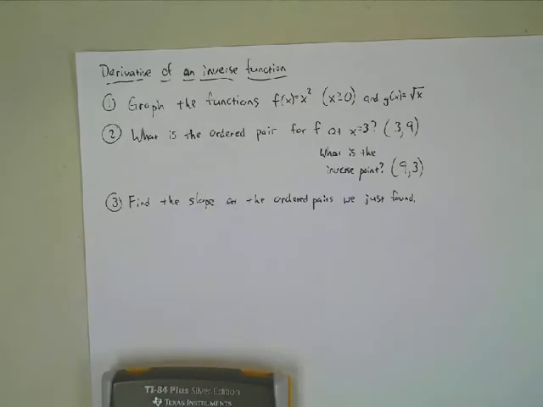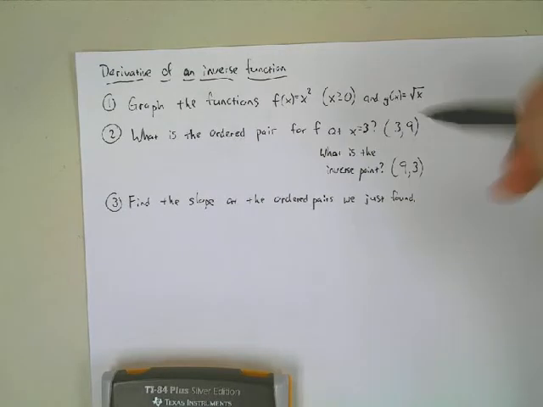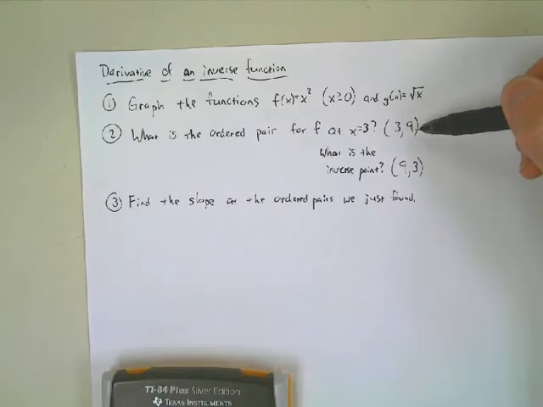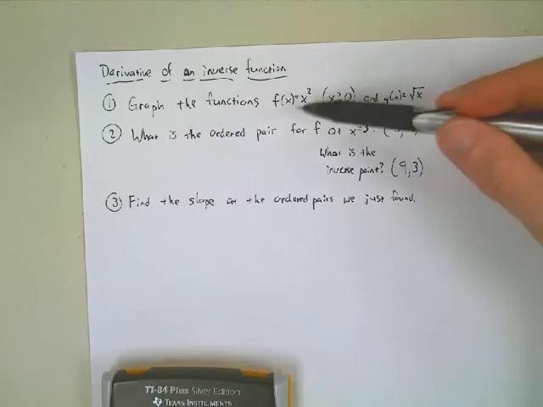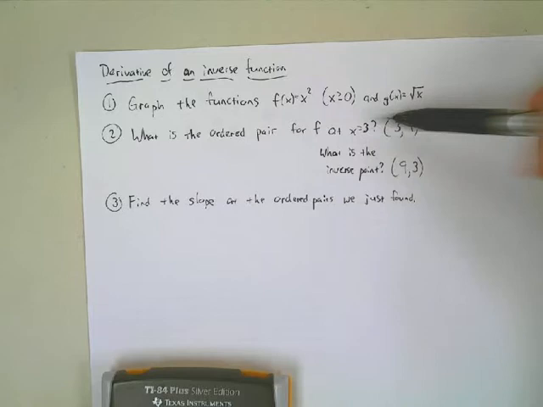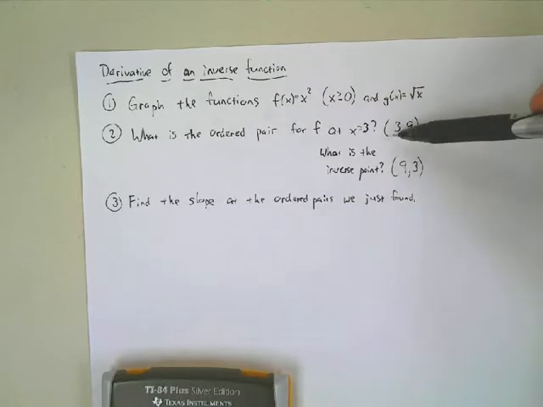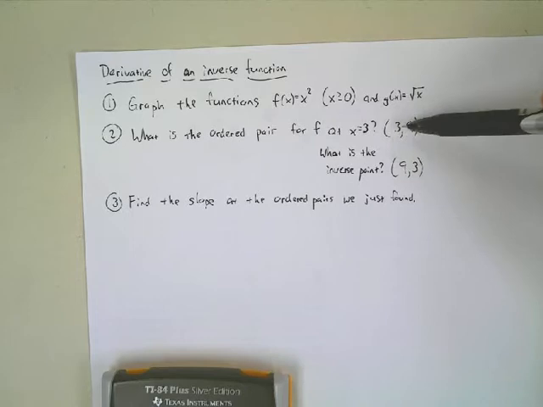In calculus, right? We use the derivative. So if I'm going to find the slope at 3, 9, which function am I taking the derivative of? The first one, right? Because this point is on f. So we want to take the derivative of f, then find the value of f prime at 3.